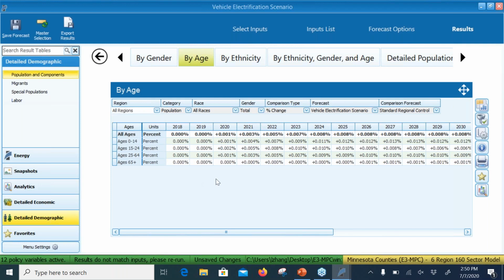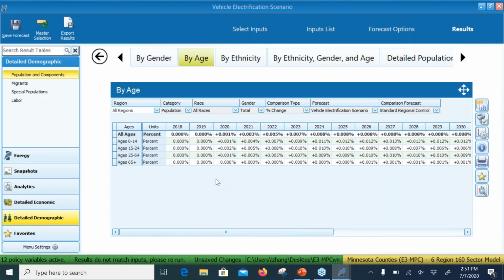And so here we see modest changes, not much in older populations, but more in younger and working age populations. So you can see how different populations react to these changes. For example, if it had been a construction project, you would see these ages 25 through 64 increase disproportionately compared to the other categories.